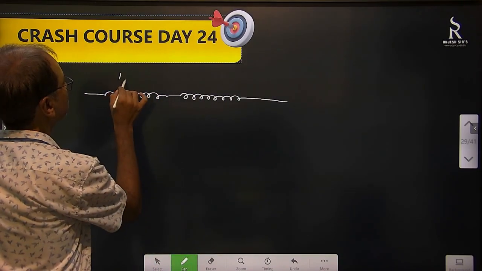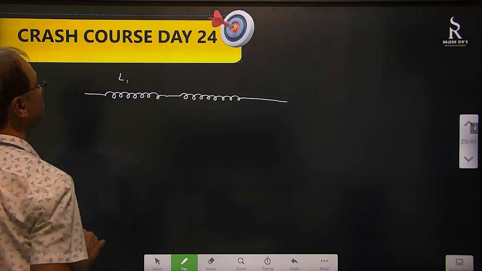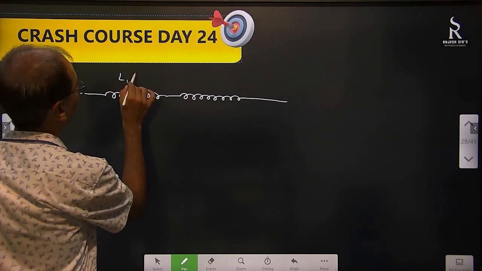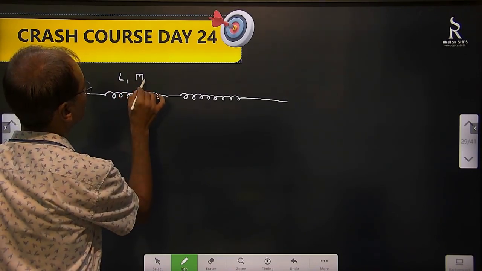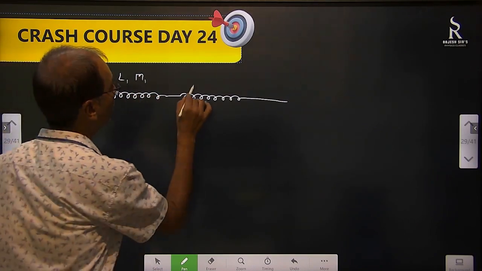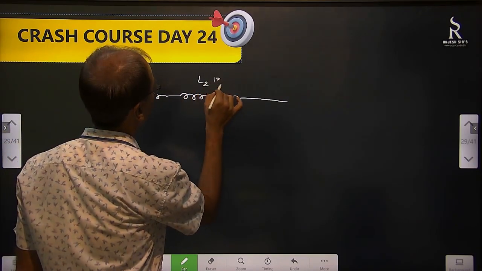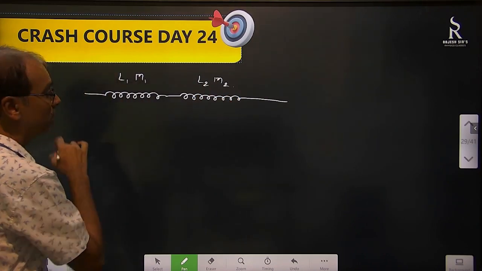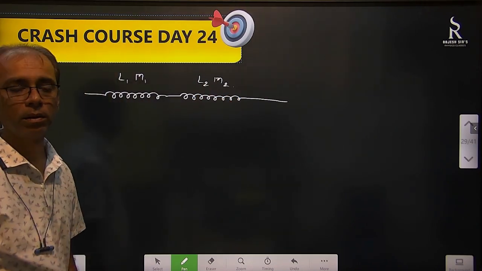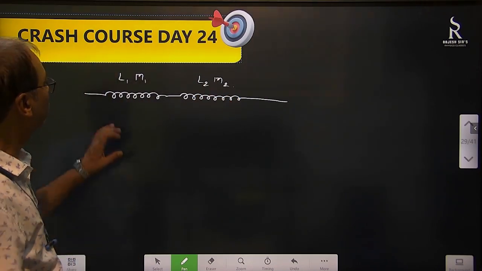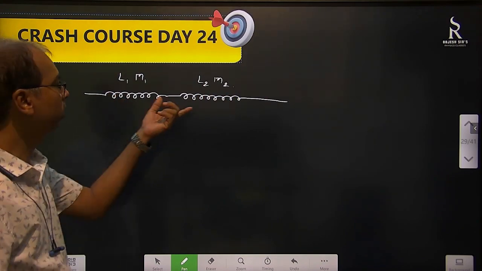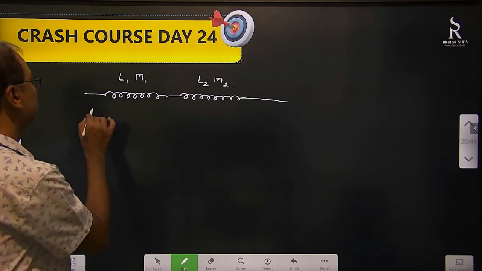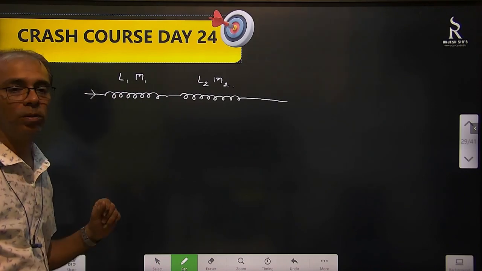Its coefficient of self-inductance is L1 and mutual inductance is M1. This is L2 and this is M2. Now, what is going to be the net inductance here? Self-inductance you already know, it will be L1 plus L2, since they are in series. But what about M1 and M2?